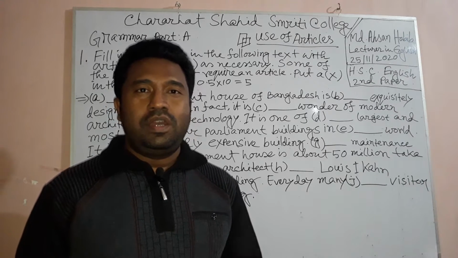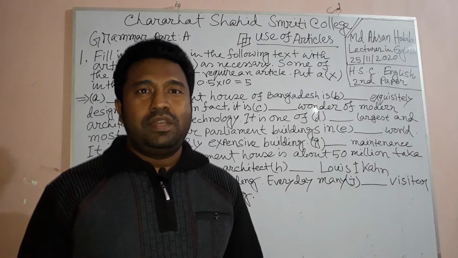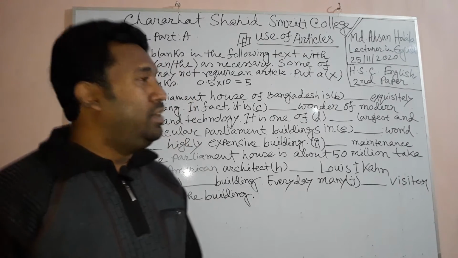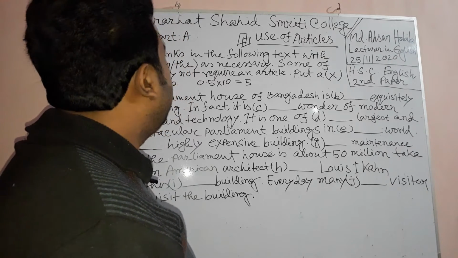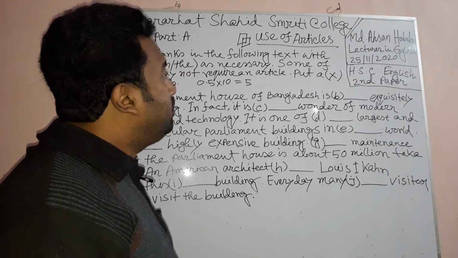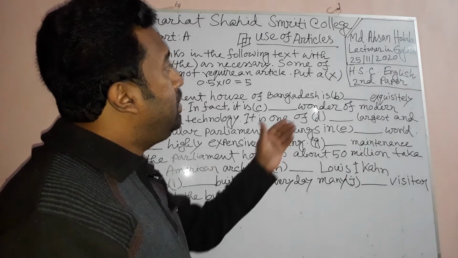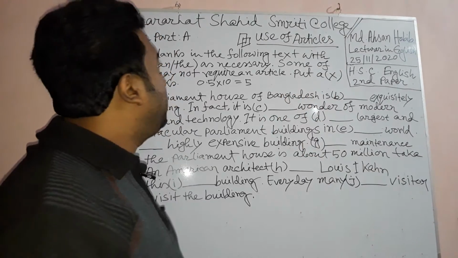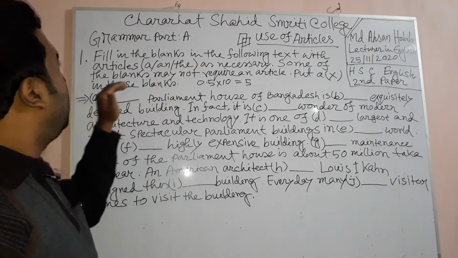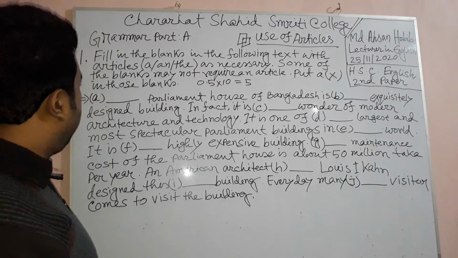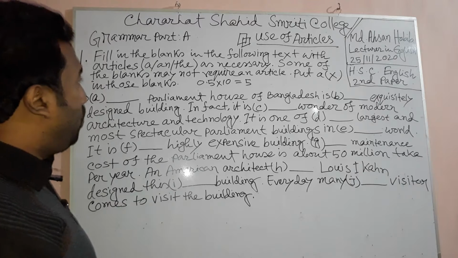And today I am going to take a new class on the use of articles. So you see, in English second paper, in the grammar part, you have to answer question number 1.